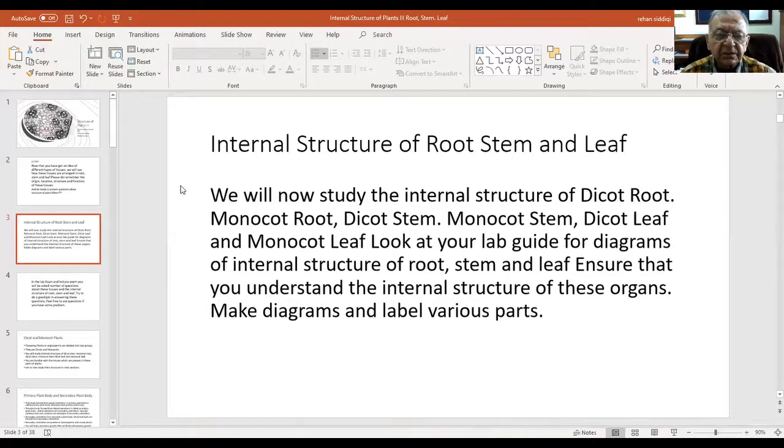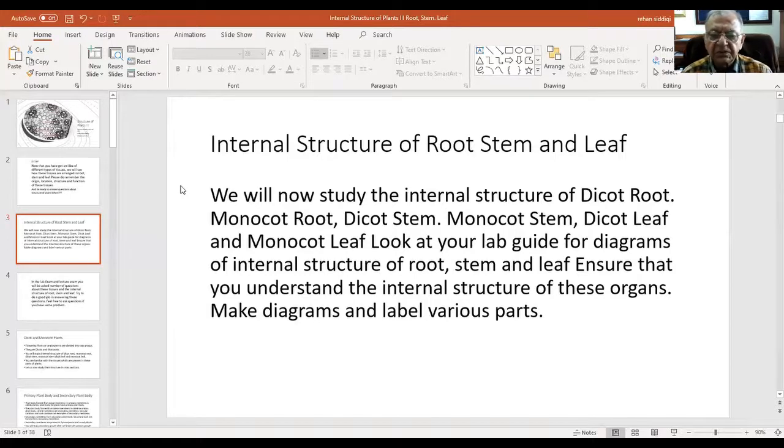First of all, we have to study the internal structure of dicot root, monocot root, dicot stem, dicot leaf, and monocot leaf. Now you have to go to your lab guide also, because this is both lecture and lab combined. In your lab guide, there are diagrams of the internal structure of root, stem, and leaf.